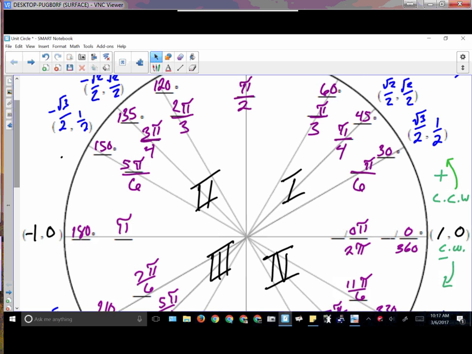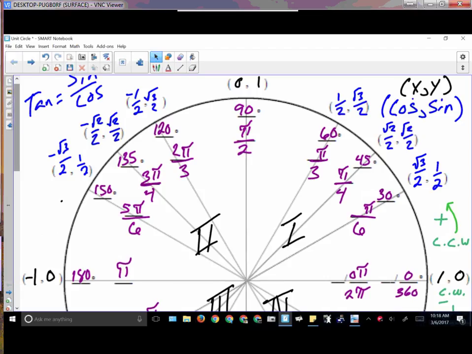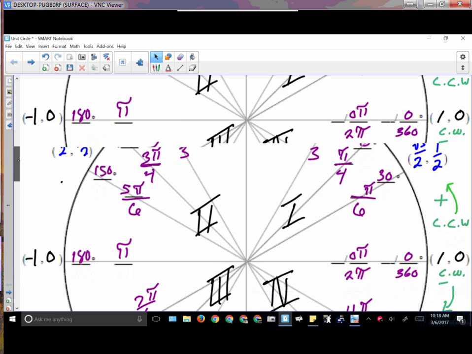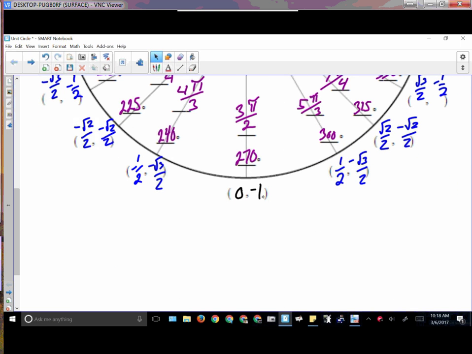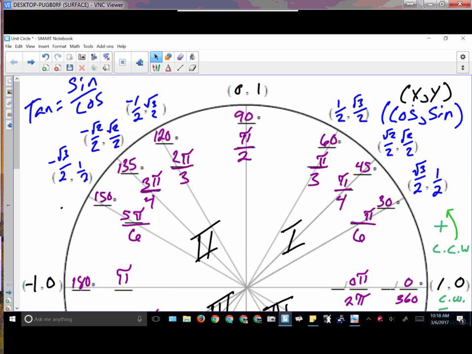So every time that I hit over here, I get a 0, and every time that I hit up here, I get a division by 0 error. So at 90 degrees, it's going to be undefined. Likewise down here at 270, it becomes undefined because you're putting in x is 0. And that just simply doesn't work for us.